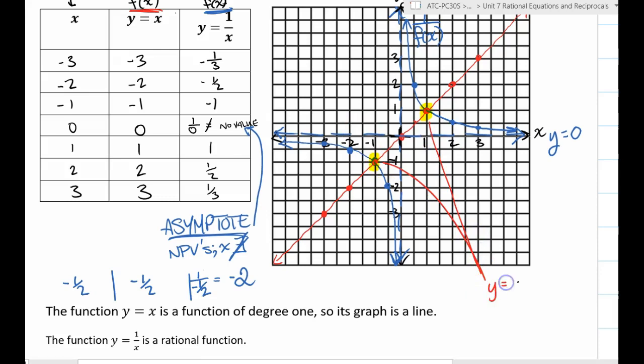When y equals plus or minus 1, that gives us our invariant points. And invariant means that they don't change. They stay exactly where they were, even when we take the reciprocal. Because the reciprocal of 1 is 1. The reciprocal of -1 is -1.